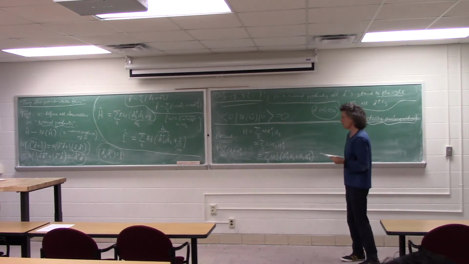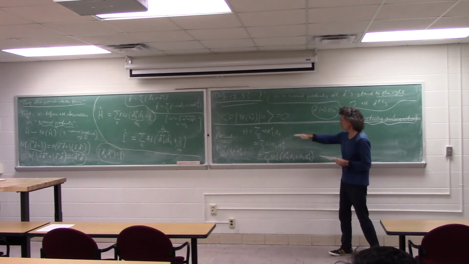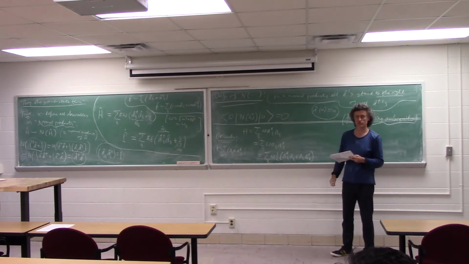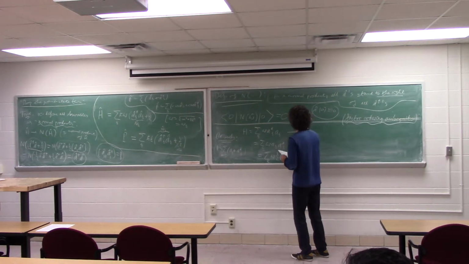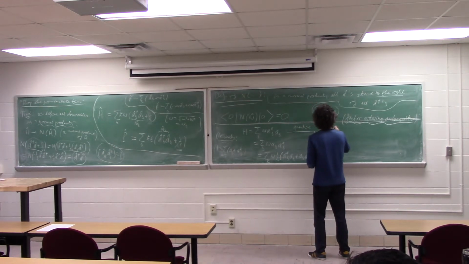The result you get in the quantum theory will depend on which expression you choose. So here, if I do the quantize, I get an operator Hamiltonian that is a sum over K.